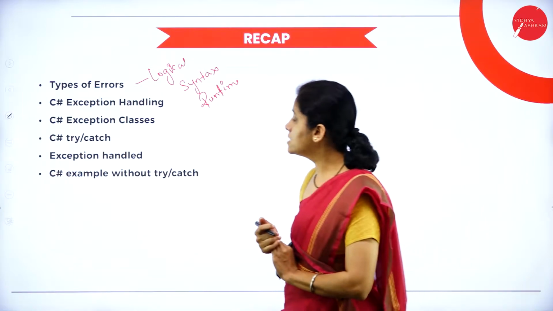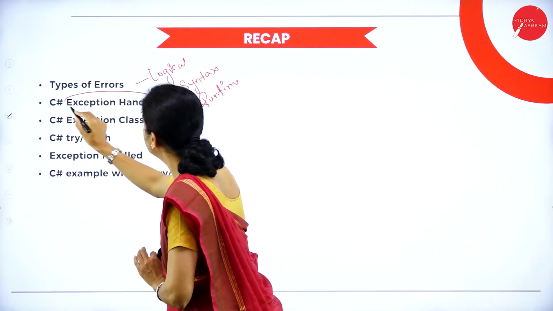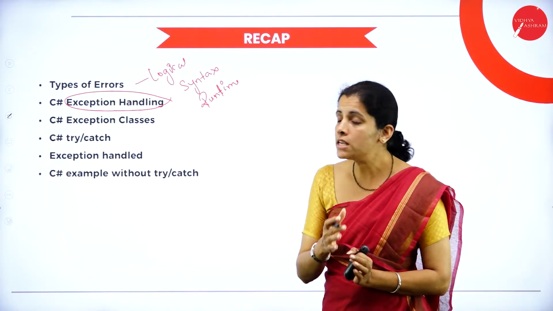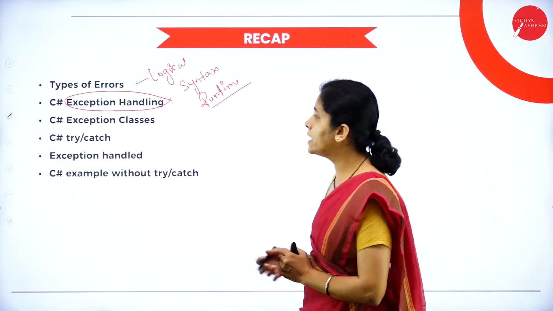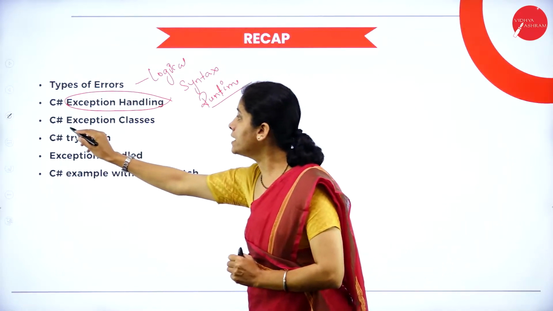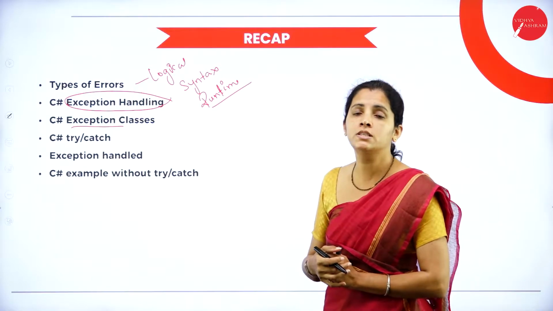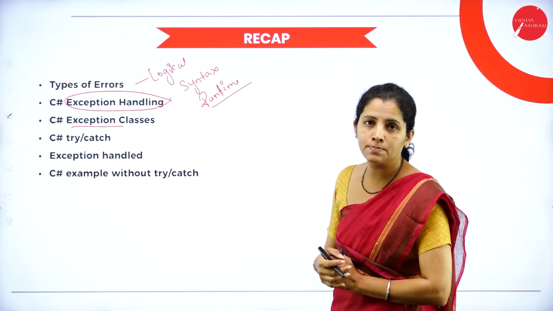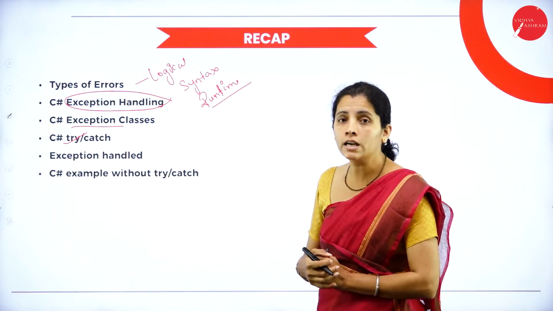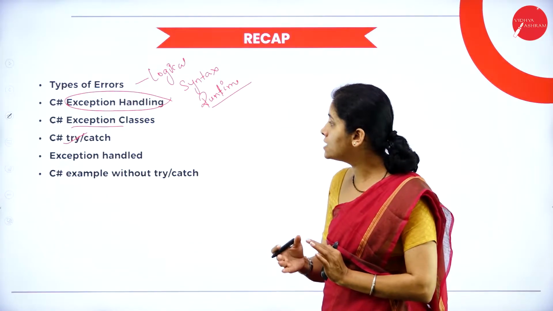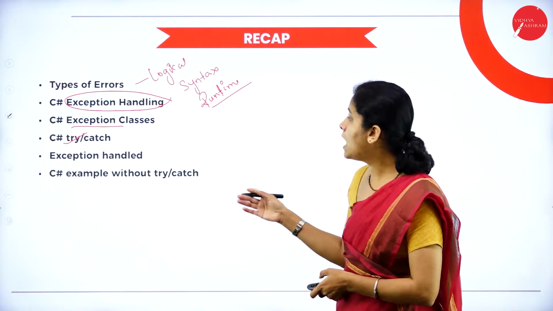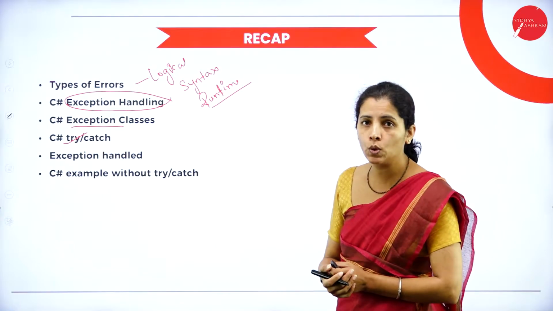Here, exception handling is a mechanism used to handle different kinds of errors, especially runtime errors. Along with that, I have discussed different kinds of classes provided by the exception class, try and catch, some exception handler mechanisms and some example programs.